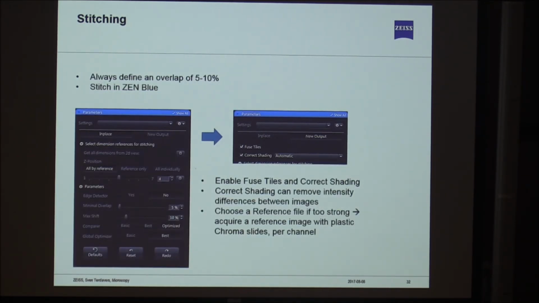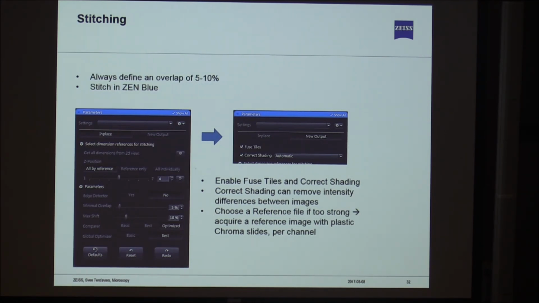Stitching: we all acquire tiles, or most of us acquire tiled images, because we want to see a larger area than the one single image. Typically, stitching is done during image acquisition on the confocal microscopes. On the wide field microscopes, you have to apply it afterwards.